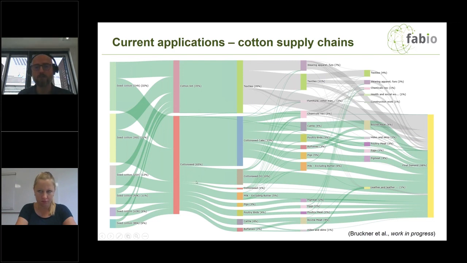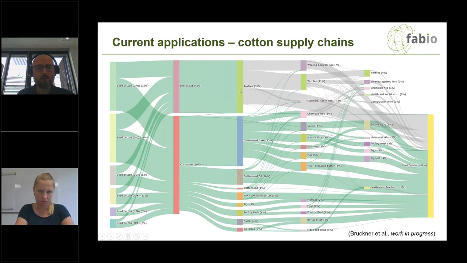Cotton seed is used as an animal feed mainly. Most of it is converted into cottonseed oil and cake, and the cake is then used as a feed for cattle, poultry, pigs, and so on. But also the seed itself is used as a feed.